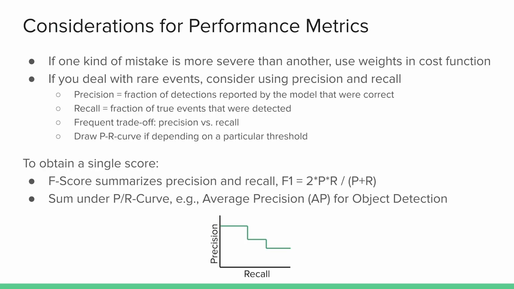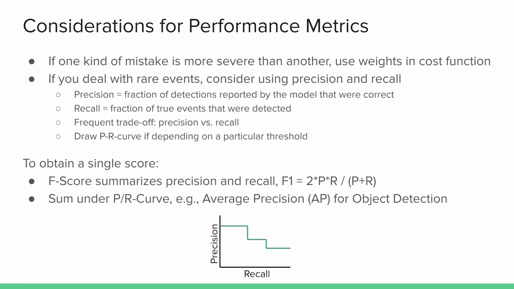But all of the other 99 objects in the image, it will not pick up. So the recall will be really low. And what you can do now is you can draw a precision recall curve. You can visualize this and then determine a particular threshold and see where you want to go.